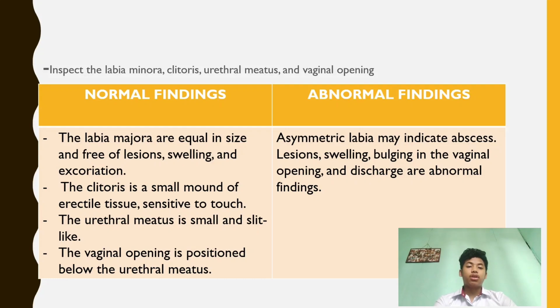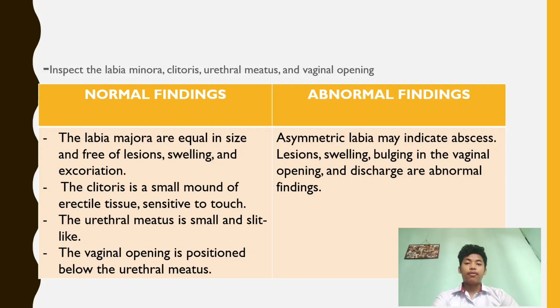The normal size of the clitoris varies. The urethral meatus is small and slit-like. The vaginal opening is positioned below the urethral meatus. Its size depends on sexual activity or vaginal delivery. A hymen may cover the vaginal opening partially or completely.